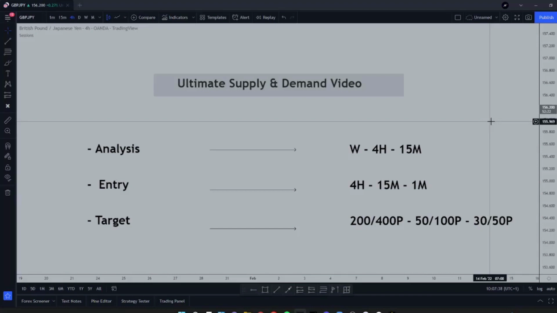To start off, you have a couple of examples that you can use for analysis. You can use a weekly time frame to find your supply and demand zones. You can use a 4-hour, you can use a 15-minute. Some people use a 1-hour. These are the time frames that we personally use for supply and demand zones.